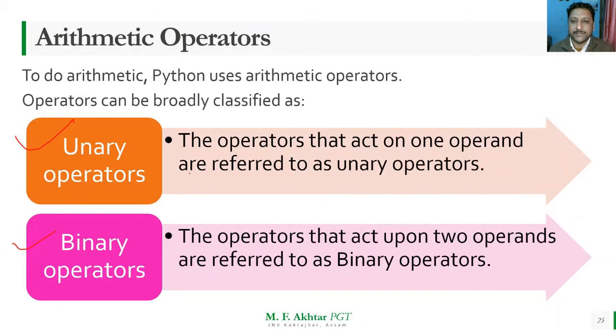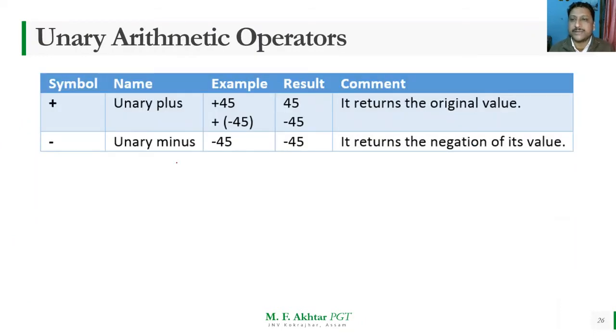Now see here the symbol and the name. There are two unary operators in arithmetic operators: unary plus and unary minus.